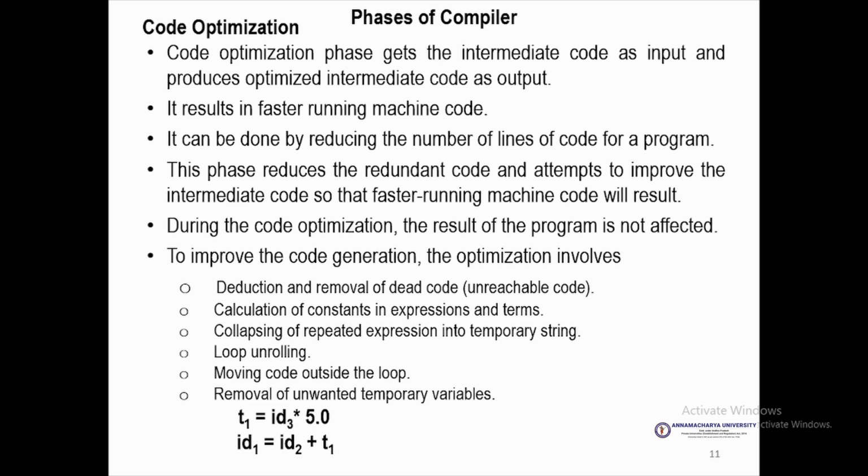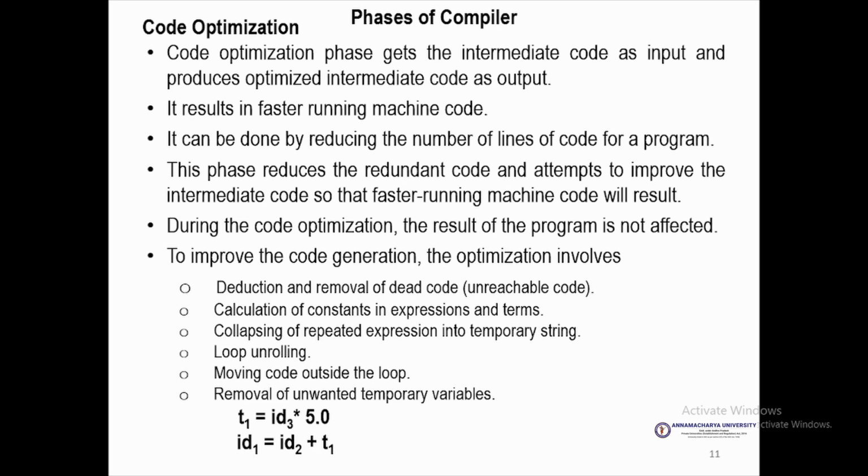It results in faster running machine code, and it can be done by reducing the number of lines of code for a program. This phase reduces the redundant code and attempts to improve the intermediate code so that faster running machine code results.